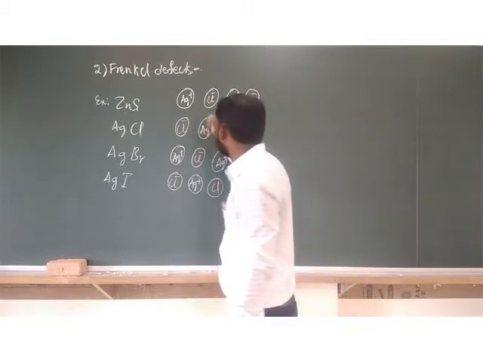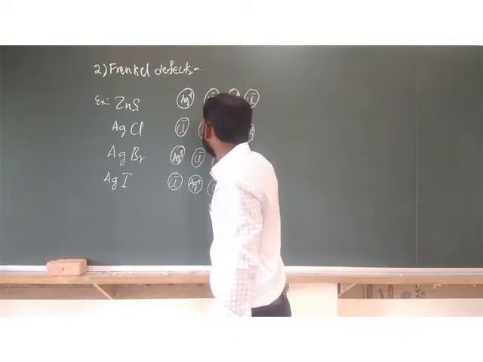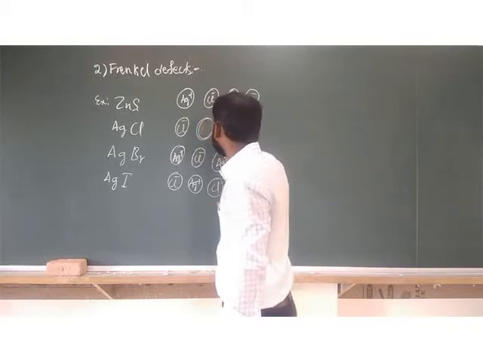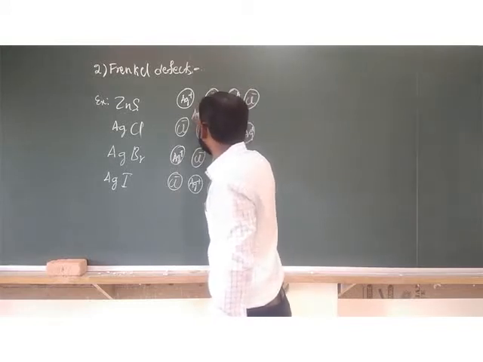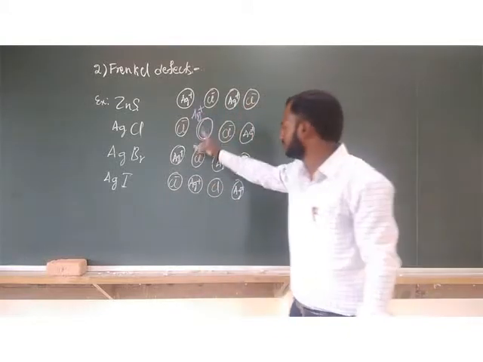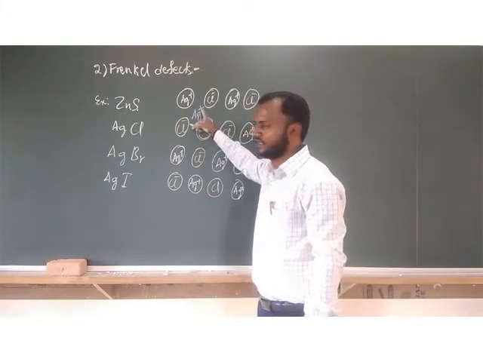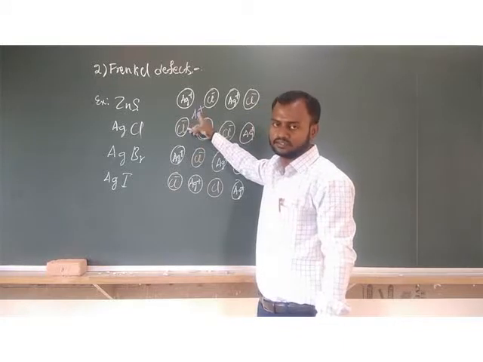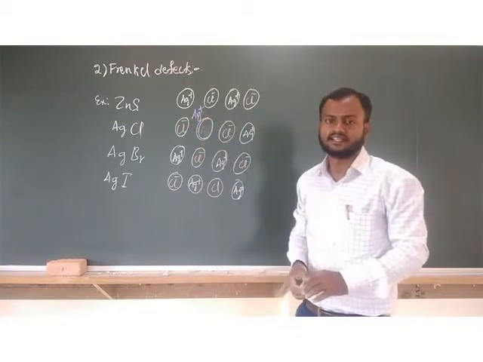So this cation, Ag+ ion, which moves from the normal position to the interstitial site, is called a Frenkel defect.